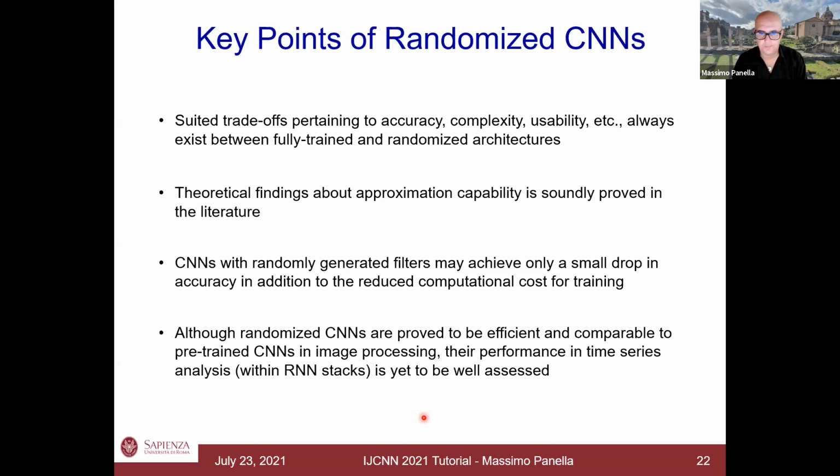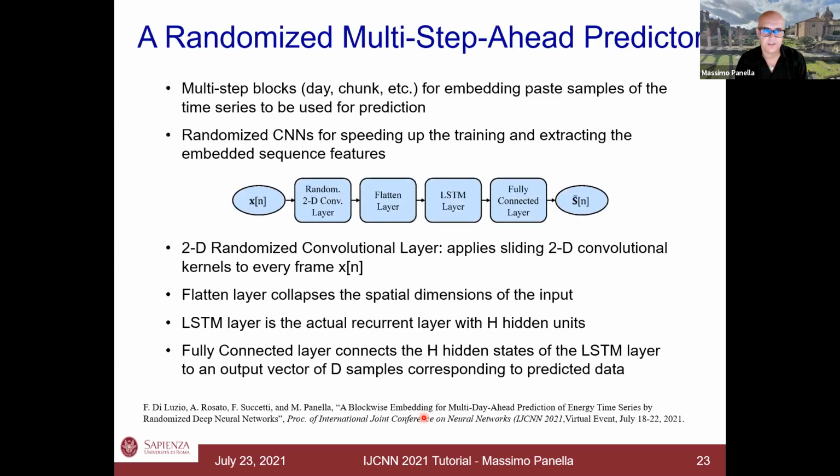Okay, the improvement or the reduced drop of accuracy made by randomized layers. We presented this year at IJCNN an approach based on a randomized predictor.